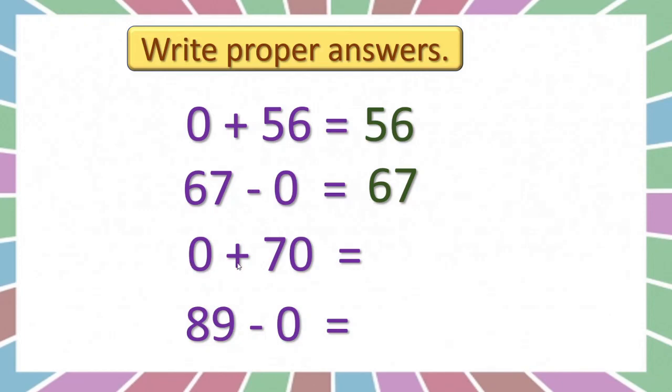Next, 0 plus 70. Yes, nice. The answer is 70. 89 minus 0 means again the answer is 89. The same number. Correct?